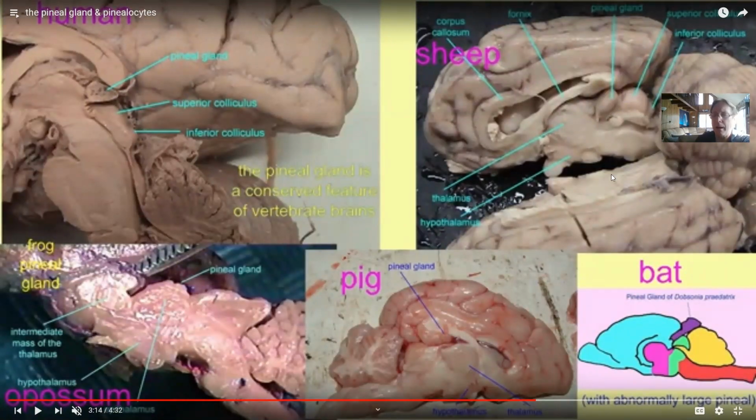Now, in mammals, there are still mammals which have what's called midbrain exposure, so that the midbrain and the pineal gland are exposed at the dorsal surface of the brain. Here's a bat which has an abnormally large pineal gland. Most mammals, however, have seen this great expansion of the cerebral cortex, the neocortex, which then covers the pineal gland.